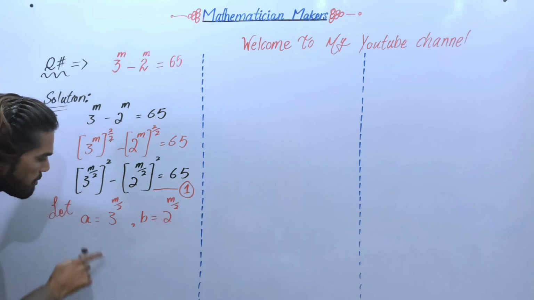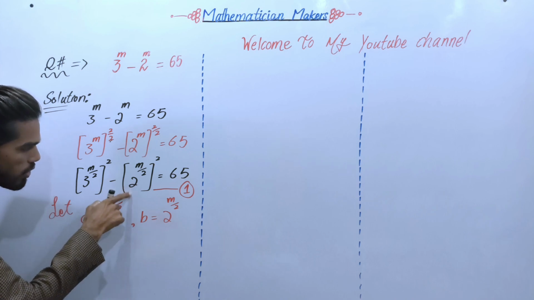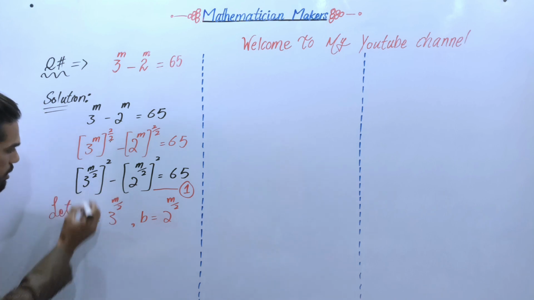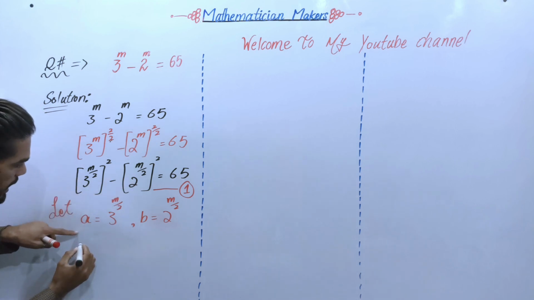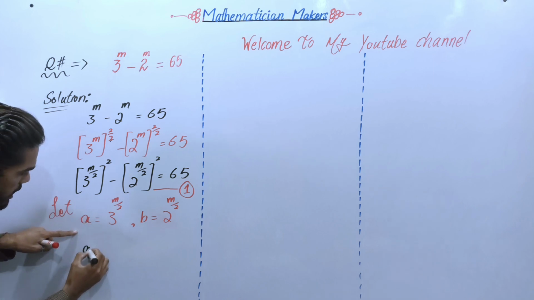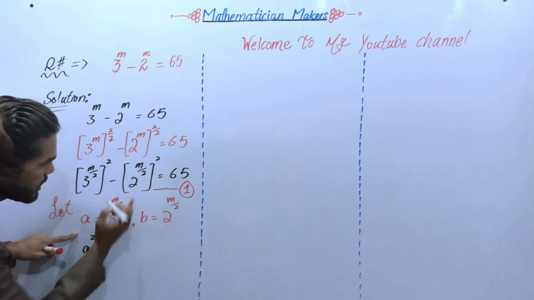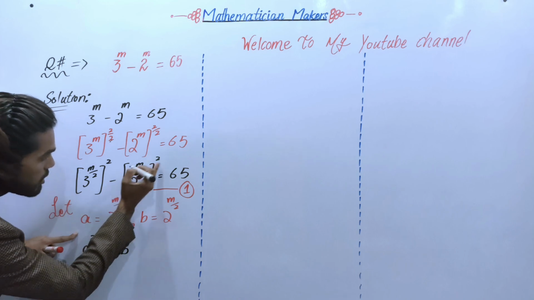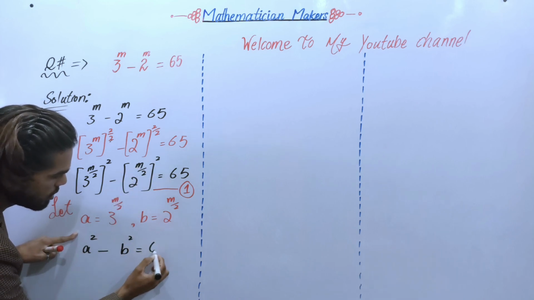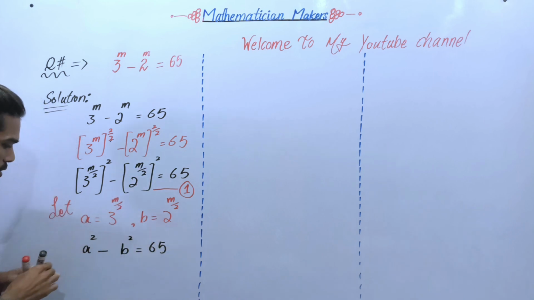Now we use these values in equation 1. It will be a squared minus b squared equal to 65.